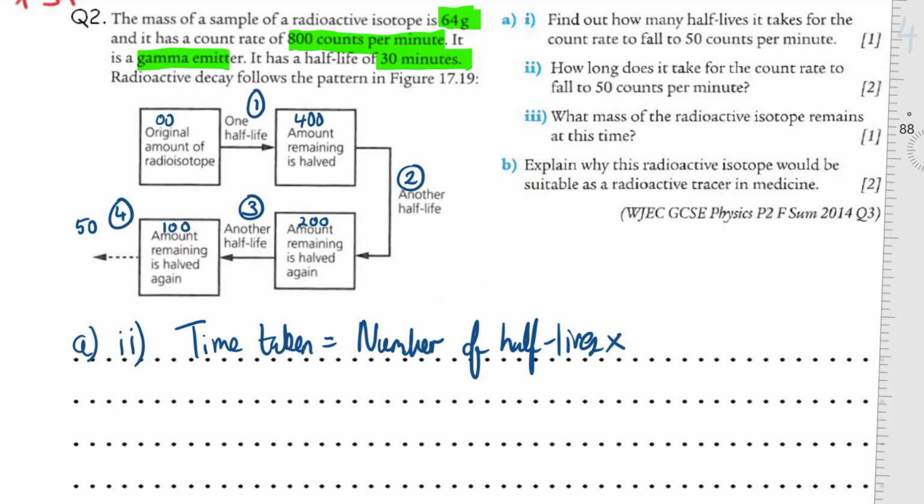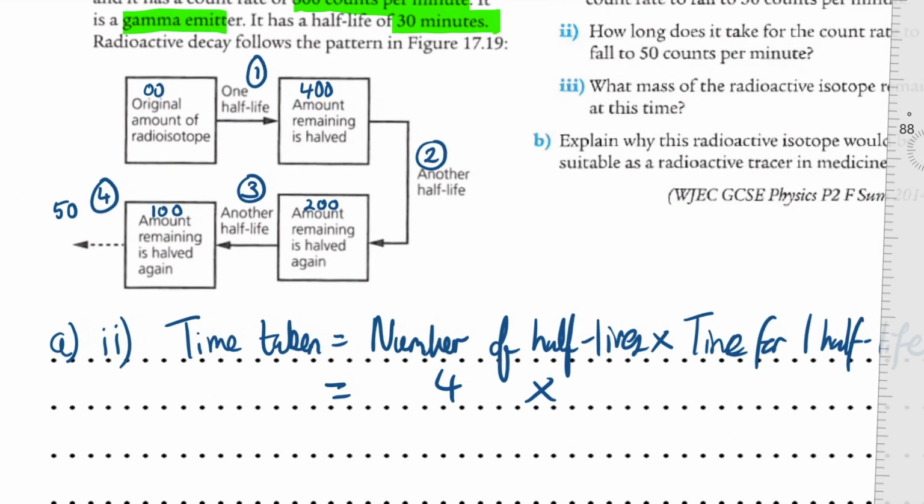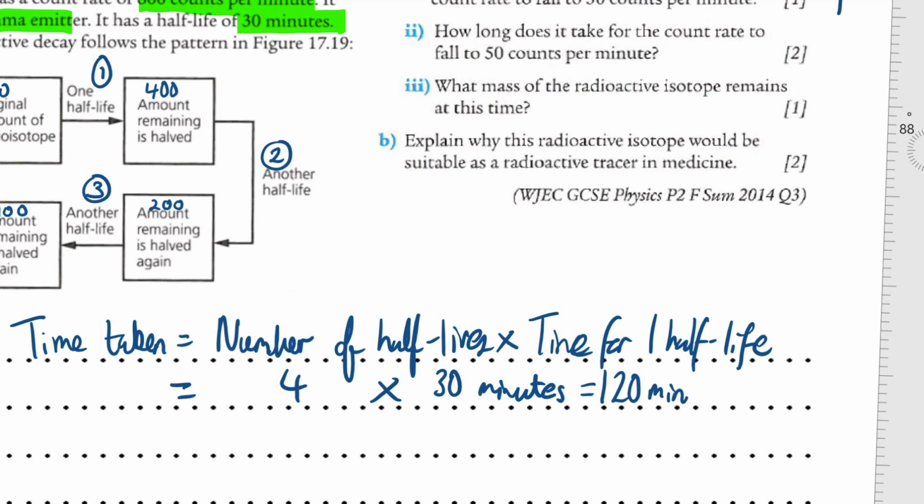It's not an equation that you'll be given, it's just applying a bit of numeracy. So we know we've got 4 half-lives. We know one half-life is 30 minutes. Four times 30 is 120 minutes, which equals 2 hours.